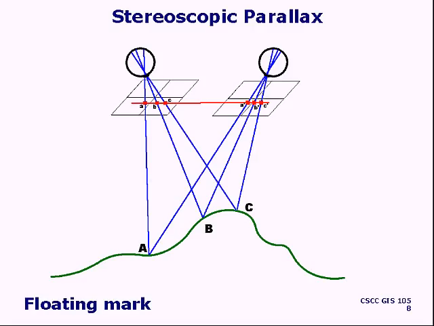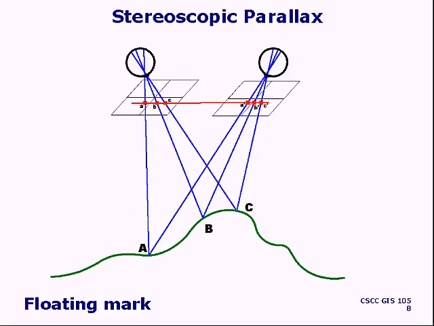So, in other words, if I'm looking at this photograph and there's something on the ground at point C, and I was to take a measuring mark, just let's say a red dot, and place that red dot in each photo system, so that as I looked through it in stereo, I saw this red dot right where point C is in the left photo and right where point C is in the right photo.